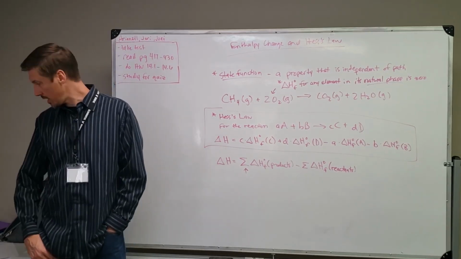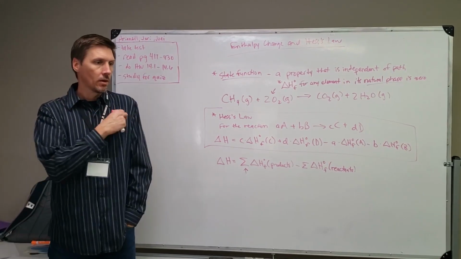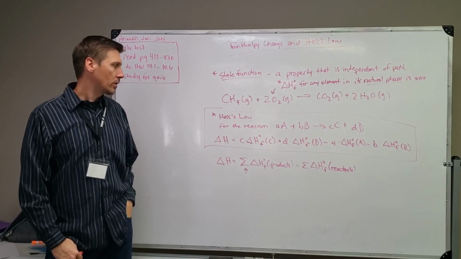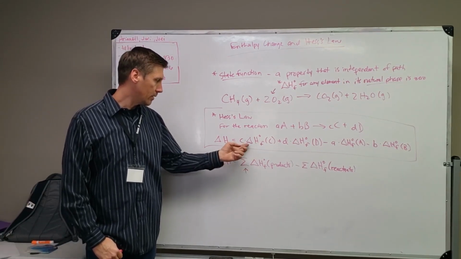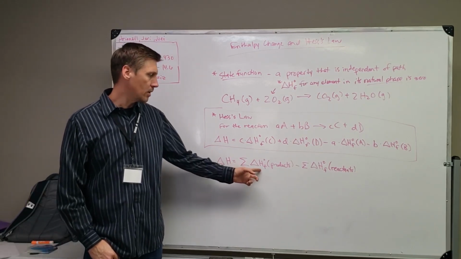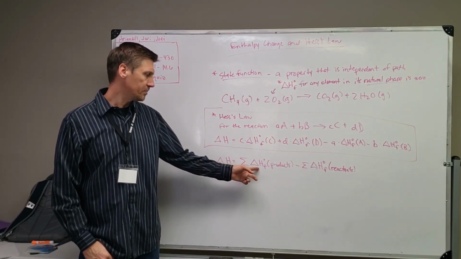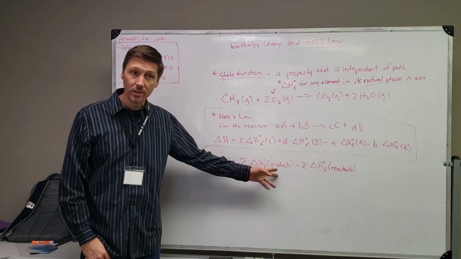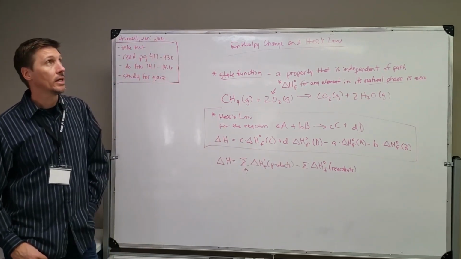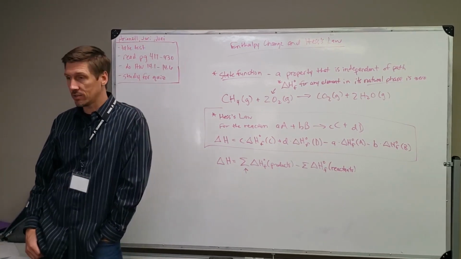Some of you may see that on your calculator. It means take a sum of these values. All right? So kind of the shorthand way to write this here is that Hess's law tells us to take a sum of the standard enthalpy of formation of the products and then subtract the sum of the standard enthalpy of formation of the reactants.